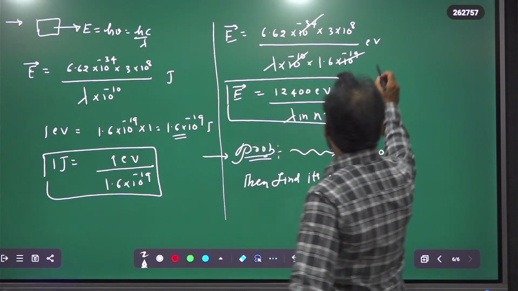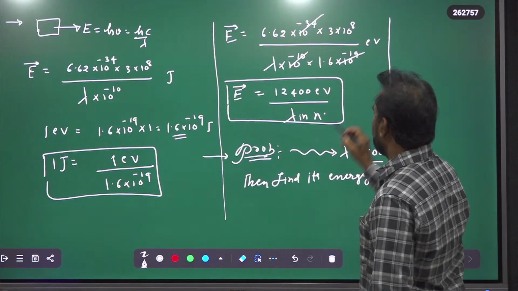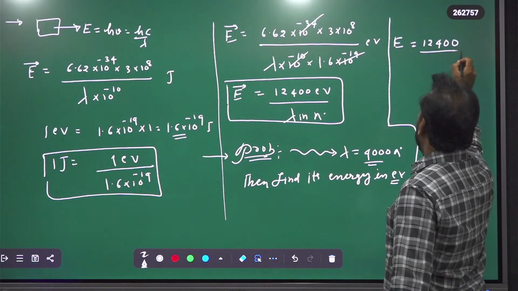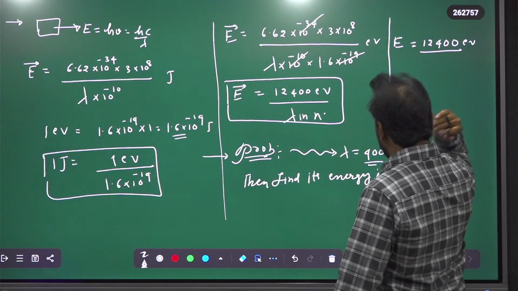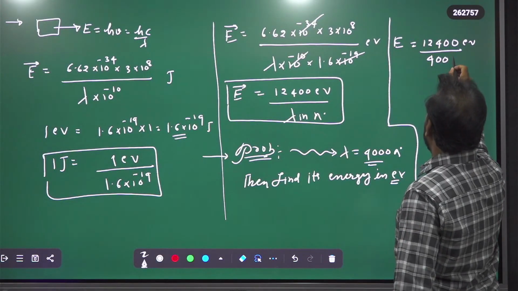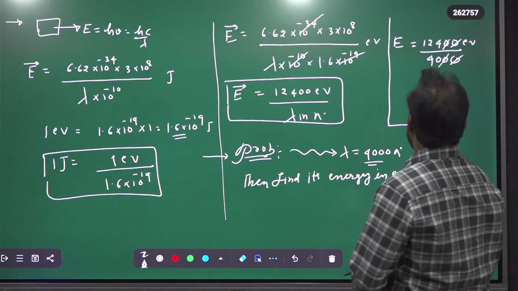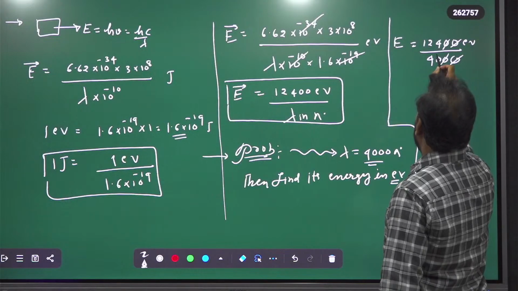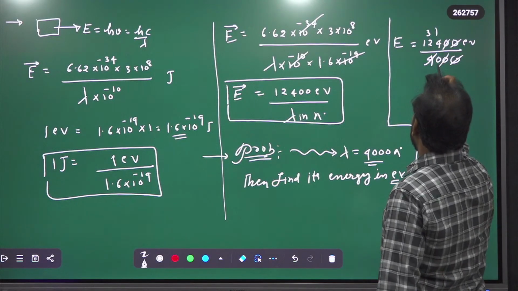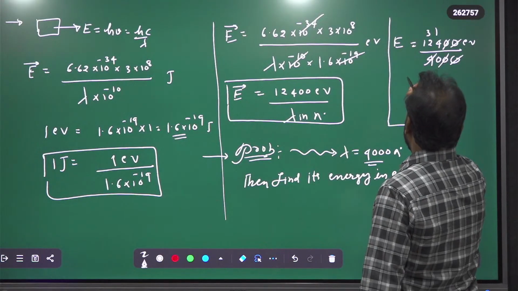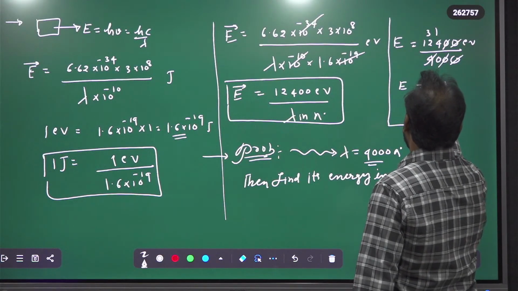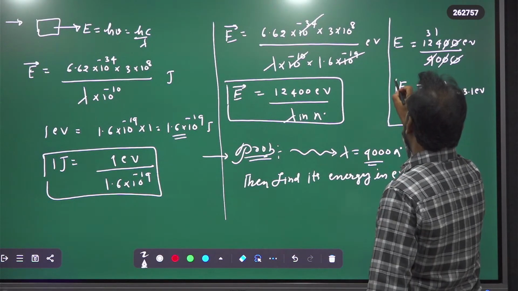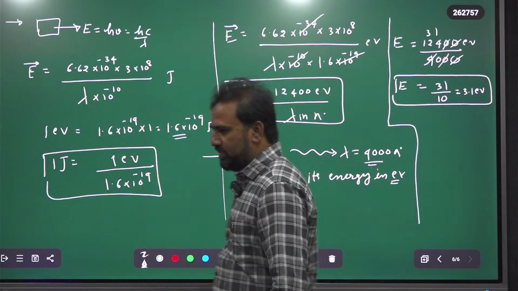Therefore, E is equal to 12,400 electron volts upon lambda in angstroms, that is 4,000. The zeros get cancelled out here. 4 ones are 4, 4 threes are 12. Okay, here 10 is there. That is E is equal to 31.0, that is 3.1 electron volts. The energy in electron volts is 3.1 only.